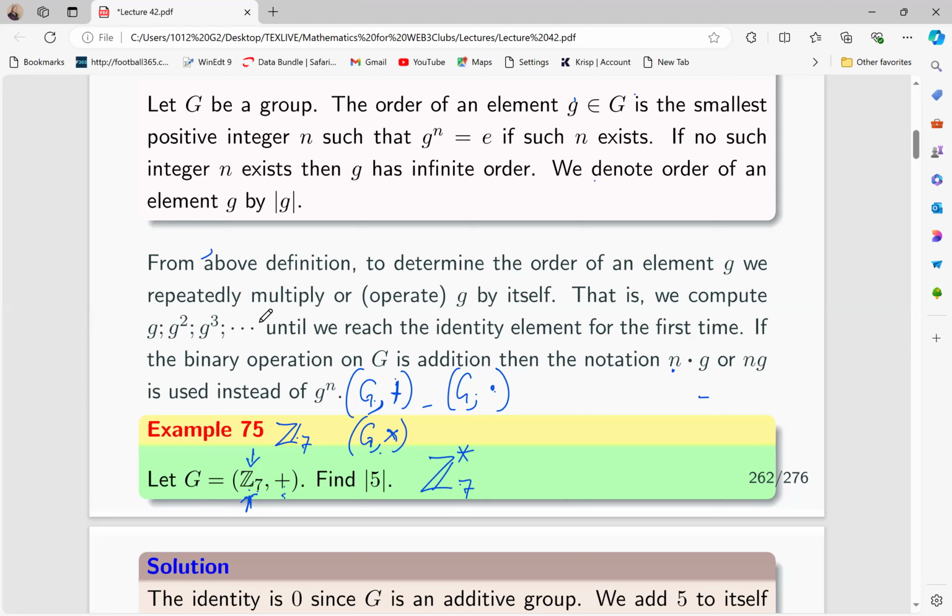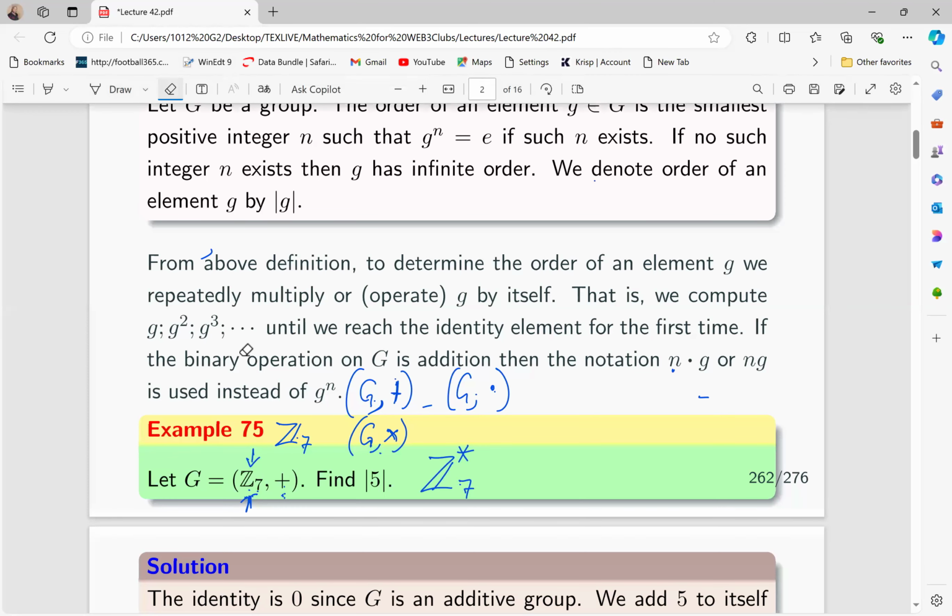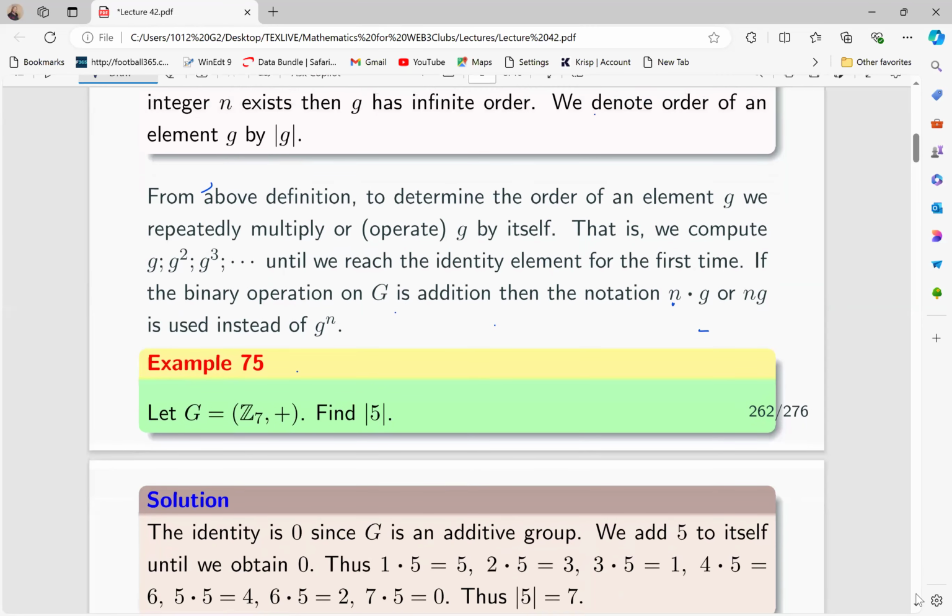But now the question is, what is the order of 5 in this additive group? From our definition, which element, when multiplied by 5, gives you 0?